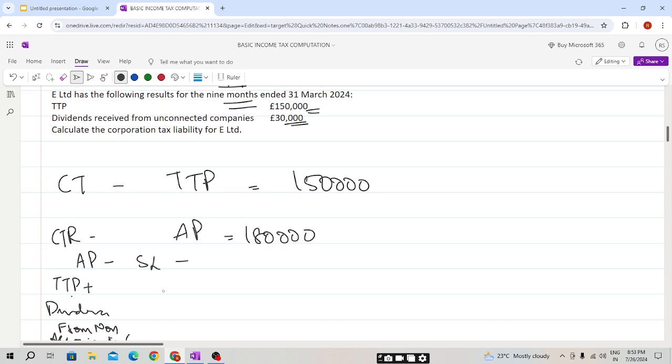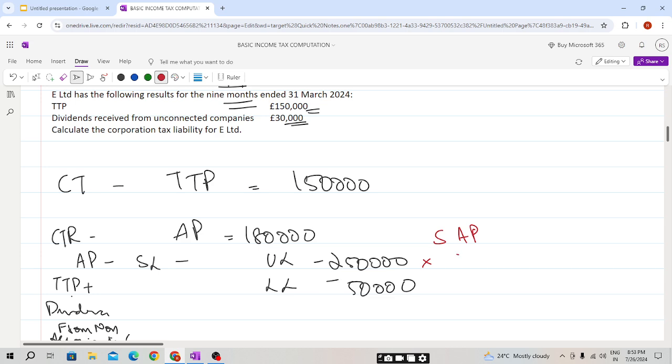Now the statutory limit needs to be divided, upper limit and lower limit. Upper limit is 250,000, students. Lower limit is 50,000. This needs to be apportioned because it is a short accounting period; the accounting period is less than 12 months. The upper limit and lower limit will be divided in two cases only, students. If it is a short accounting period, and the second case is the number of associated companies.